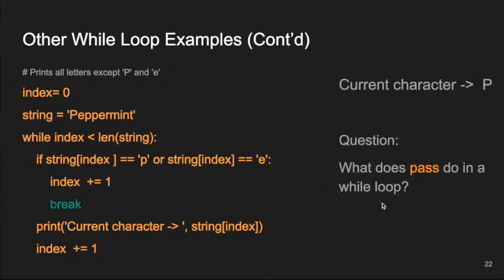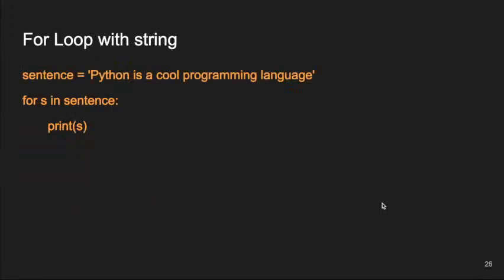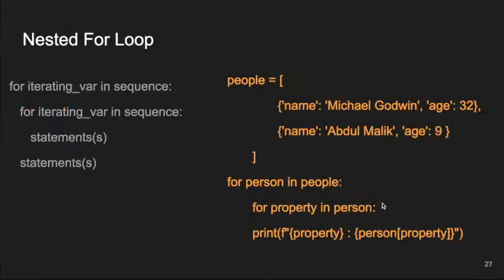But for Python, we call them dictionaries. So each person here inside this people list is a dictionary, and that's how you should think about it in Python.